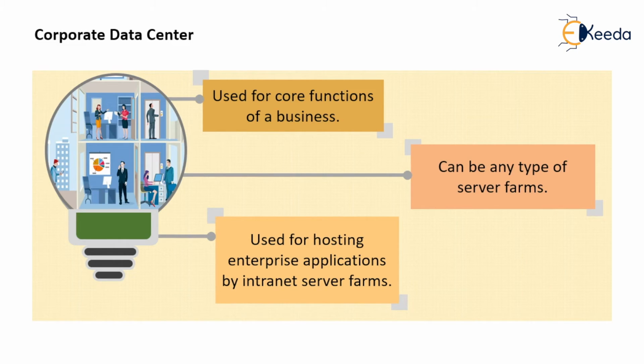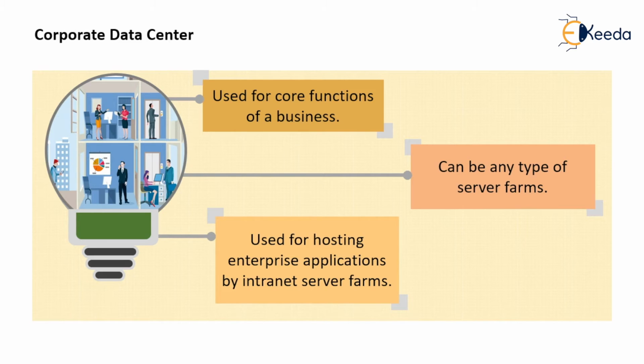Those are authorized users, part of that organization, and they only access their data. Now how is it possible? This is possible because of the corporate data center, as every organization has implemented their application in the corporate data center. So this is all about another type of data center that is called a corporate data center.